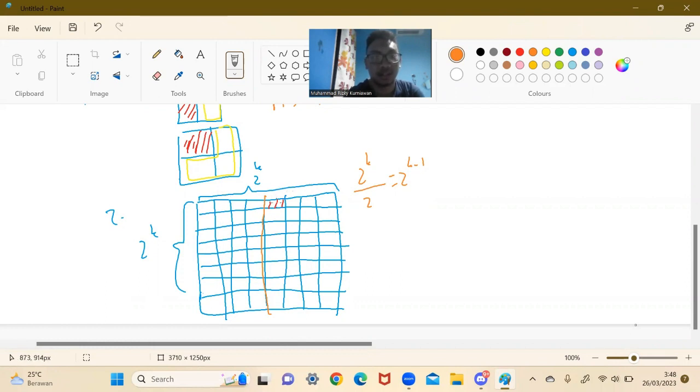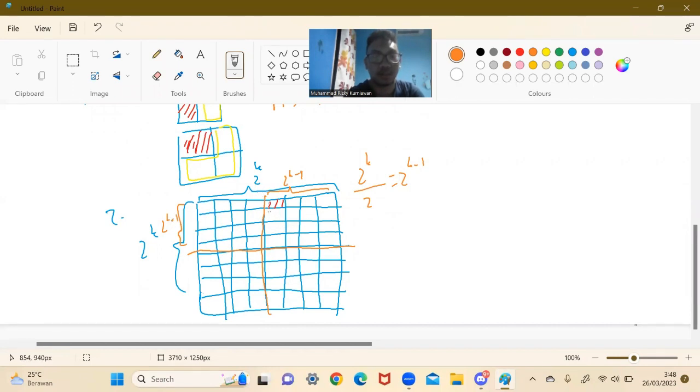You see, if you split the board into 2 in this way, you have 2 to the power of k minus 1 tiles here, and the other one has 2 to the power of k minus 1 tiles as well. But we're not done yet. We can do it in the other direction as well, perpendicular here. So we have 2 to the power of k minus 1 showing up.